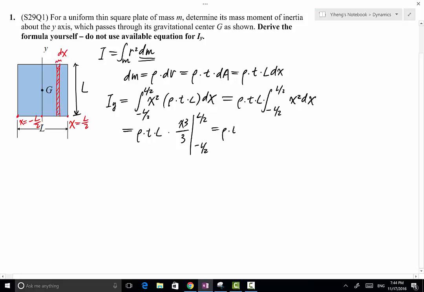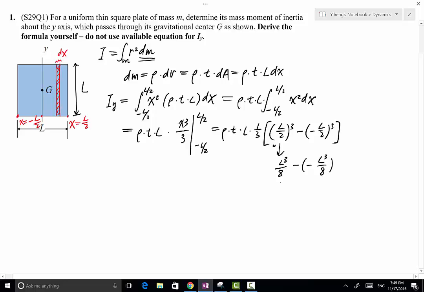This equals rho t L times 1/3 times half an L to the third power minus negative half an L to the third power. So this is 1/8 of an L to the third power minus another 1/8 L to the third power.